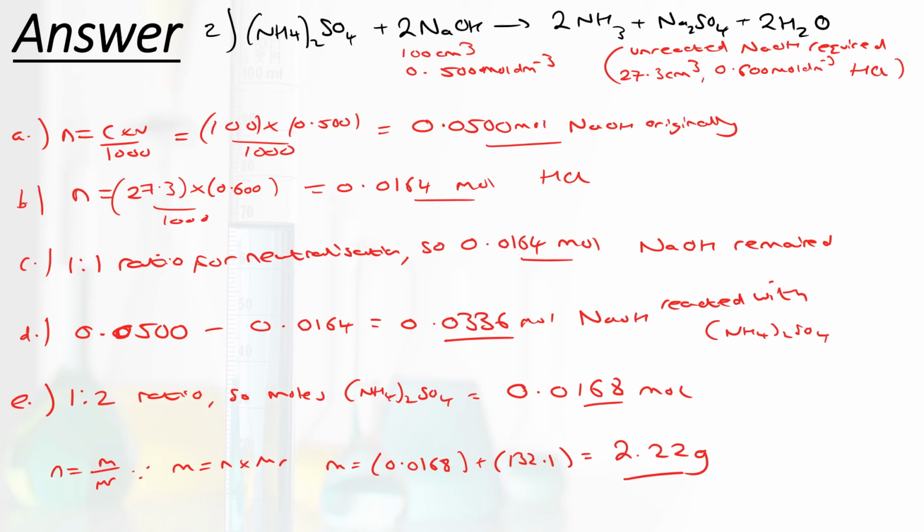And then we have our moles is equal to mass over mR. So our mass must be moles times mR. And so the mass is the 0.0168 moles multiplied by the 132.1, which is the molecular mass of this ammonium sulfate. Again, it's just found from adding up all of the atomic weights. And we end up with a mass of 2.2 grams. And again, watch the significant figures. Everything in the question was to 3 significant figures, so we give it to 3 significant figures, 2.2 grams.